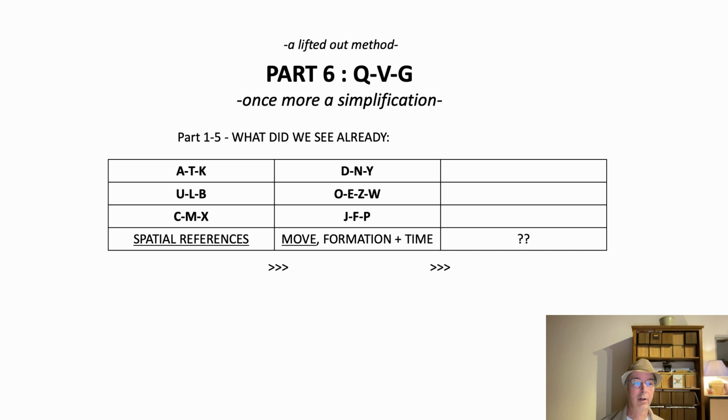And I already had a lot of letters, so the ATK, OULB, CMX, all related with spatial references. The DNY, OEZ, WGFP were also already explained. And I explained them as actually a very simple move towards a different focus.